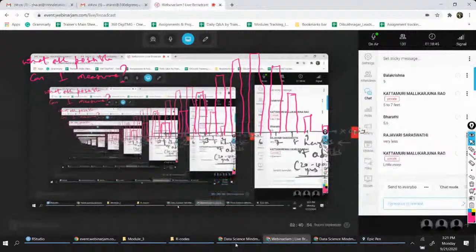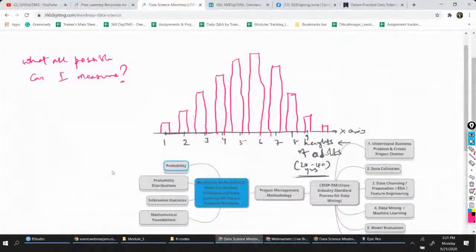5 to 7 feet, 5 feet, 6 feet. I'm marking so many: 1, 2, 3, 4, 5, 6, 7, 8, 9, 10. I marked 10 values, right? But within these 10, I can measure a lot of heights, isn't it?